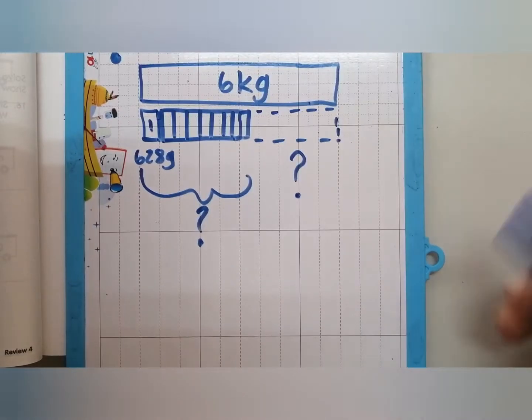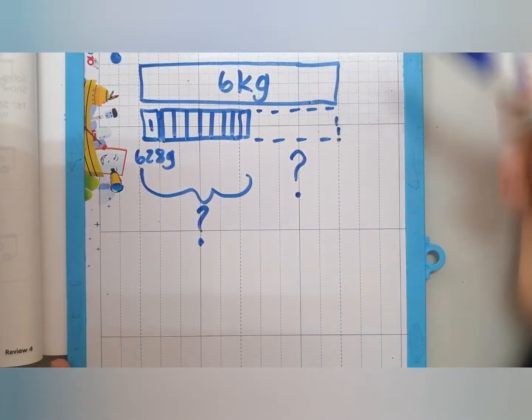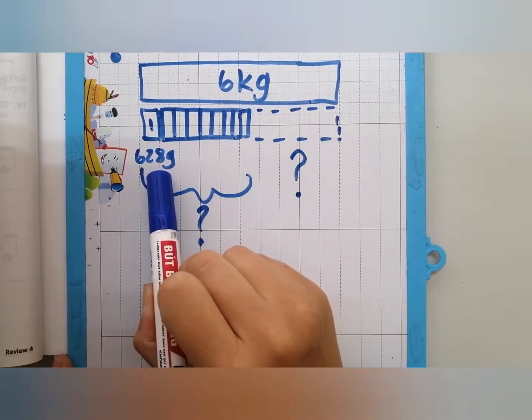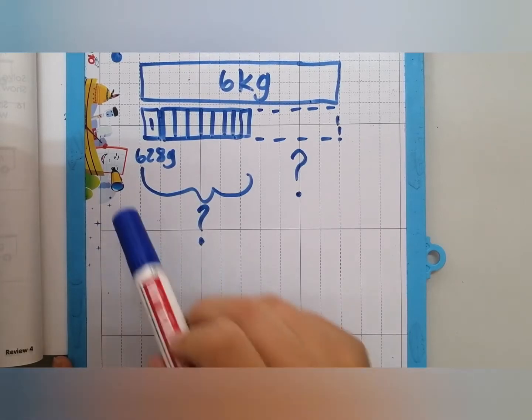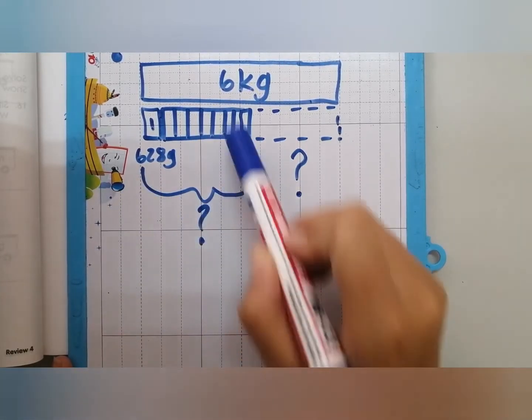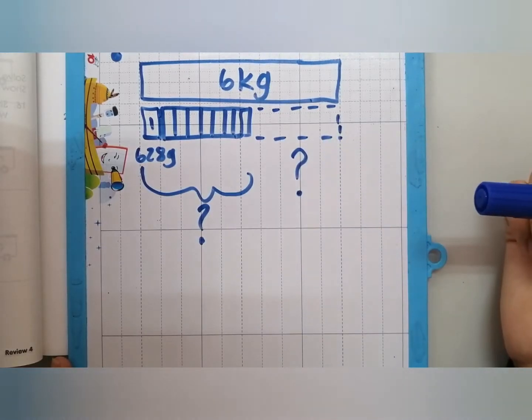Alright, so just to recap, this is the total weight of notebooks and magnets. We know that one notebook equals 628 grams. Okay, we need to find out the total weight of the notebooks to find out how much the magnets weigh.